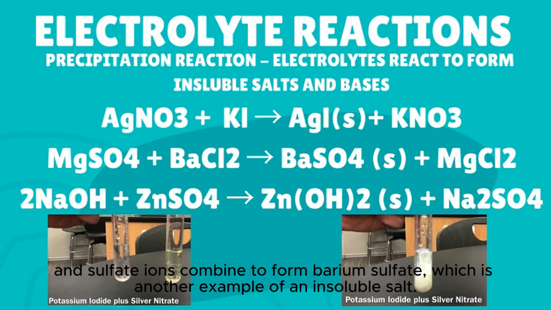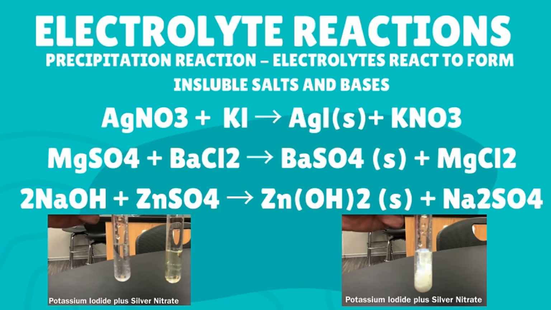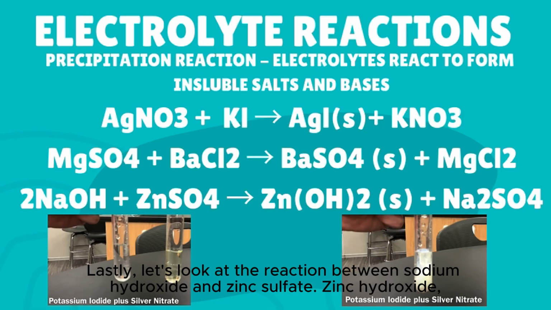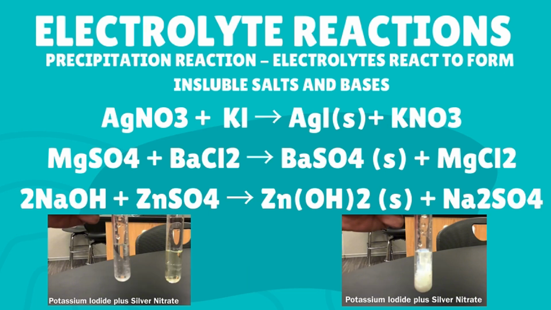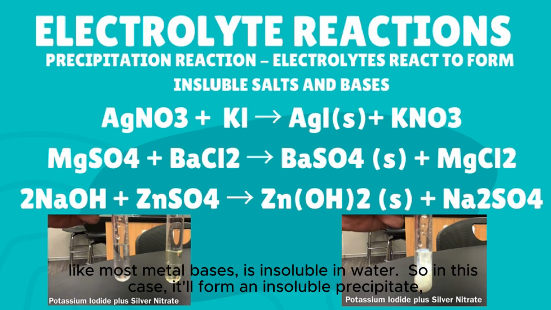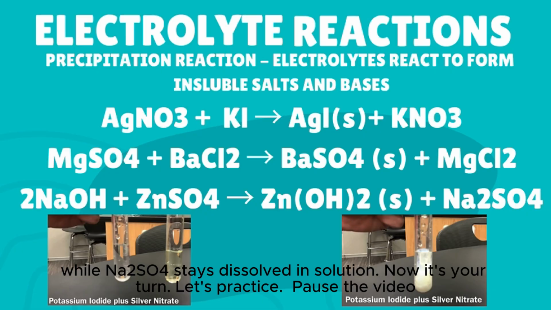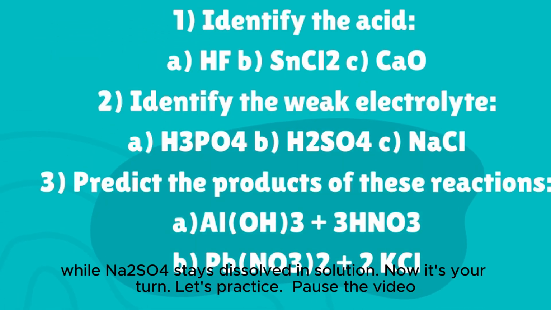Here, the barium and sulfate ions combine to form barium sulfate, which is another example of an insoluble salt. Lastly, let's look at the reaction between sodium hydroxide and zinc sulfate. Zinc hydroxide, like most metal bases, is insoluble in water, so in this case it'll form an insoluble precipitate, while Na2SO4 stays dissolved in solution.